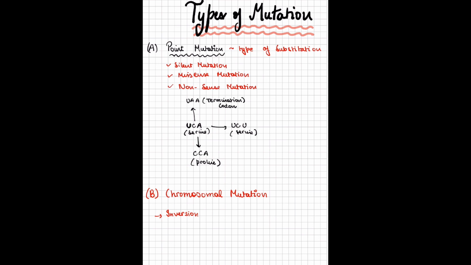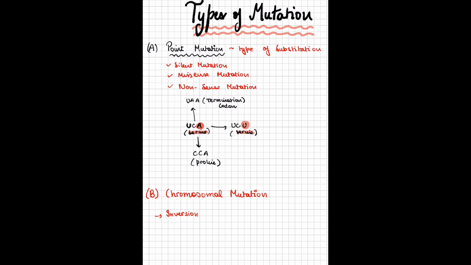In silent mutation, the codon changes, but that codon also codes for the same amino acid. For example, if I replace adenine, like you see codes for serine, right? If I replace A with uracil, then also it will code for serine. So this is an example of silent mutation.